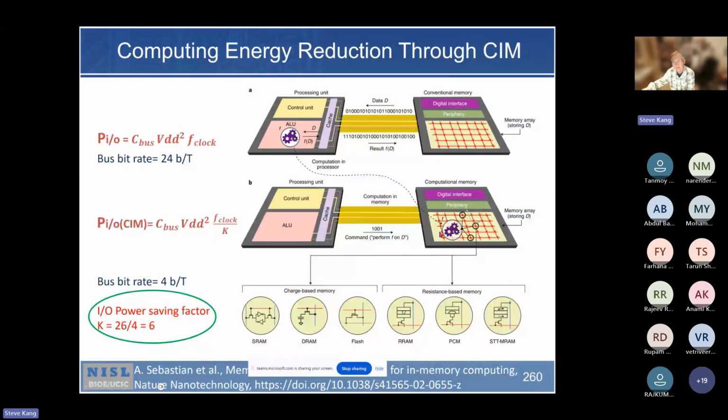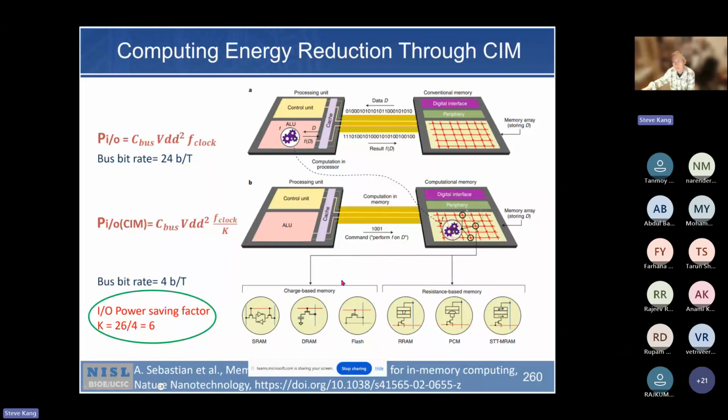Maybe you just need a command signal. Say the command signal is only 4 bits per clock cycle, then you have a factor of 6 difference, at least. So in a simple analysis, the I/O power saving from in-memory computing is a factor of 6.